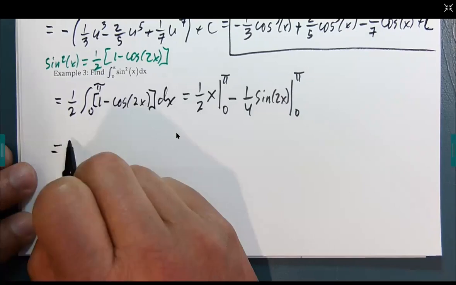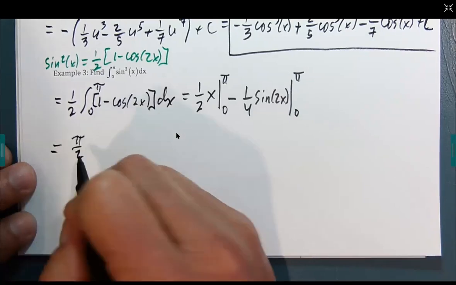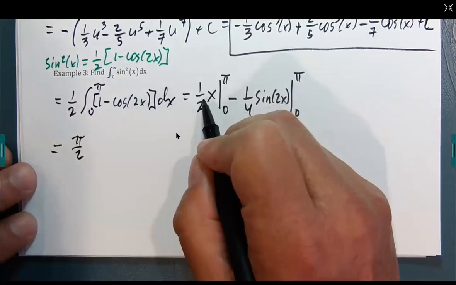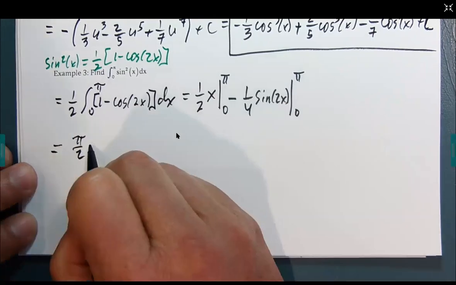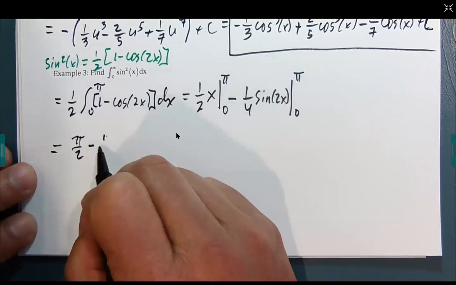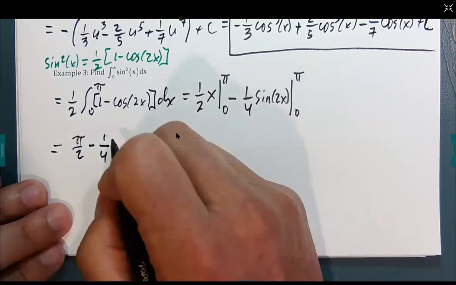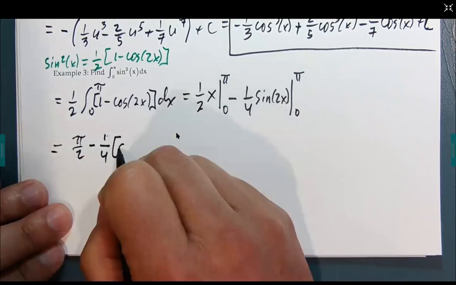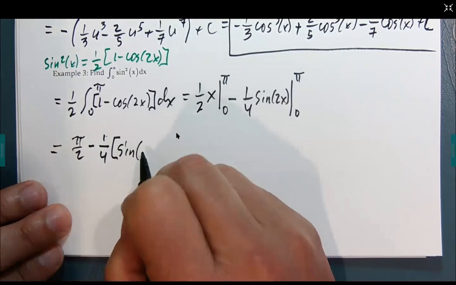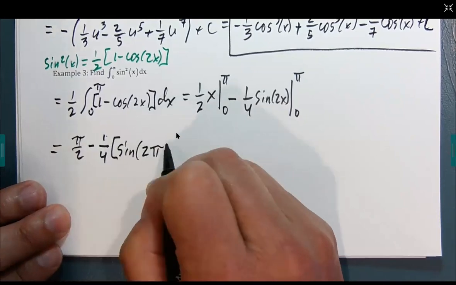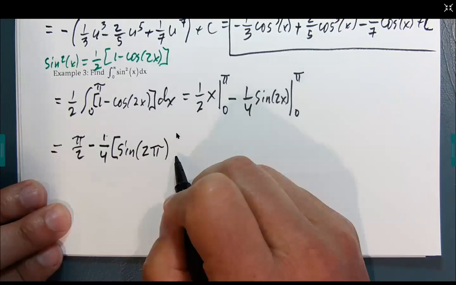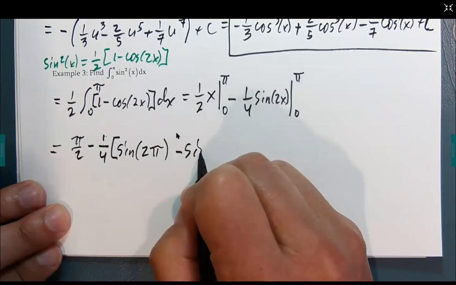So this gives me pi over 2 minus 0 minus 1/4 times sine of 2 pi, which is 0, minus sine of 0, which is also 0.